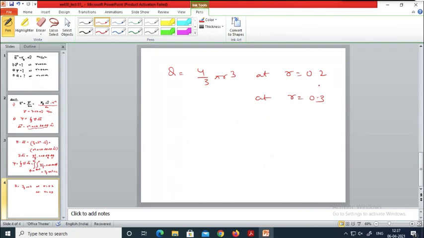This is how you find the total charge enclosed in the sphere. Any doubts here at this point? No, sir.